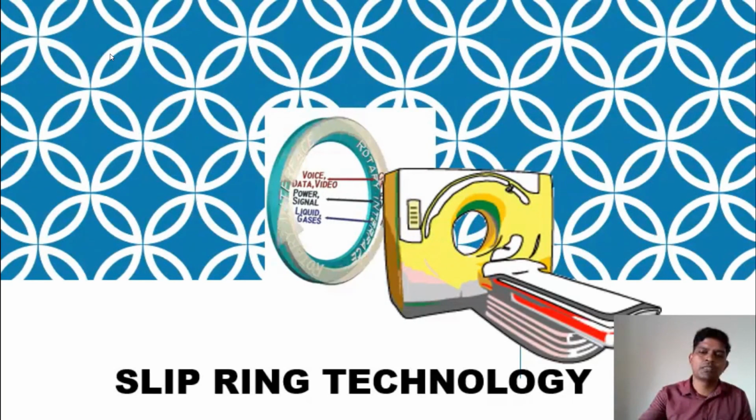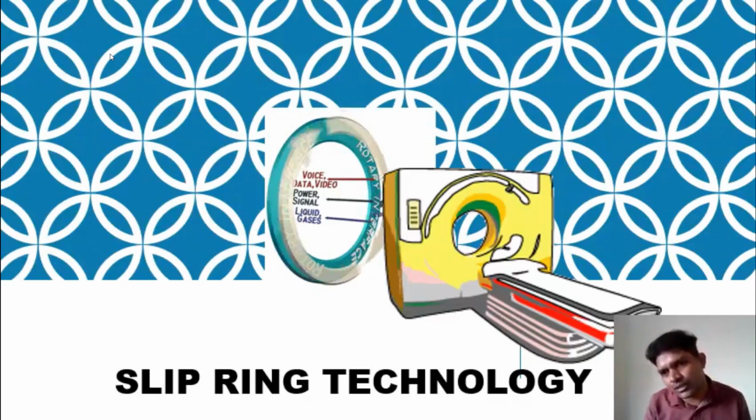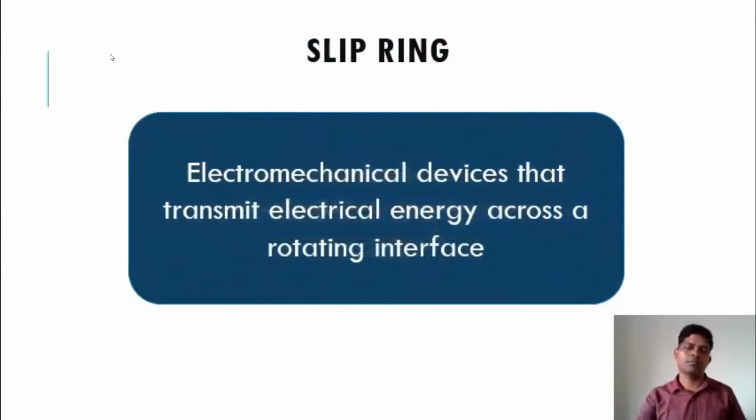Next we come to slip ring technology. I already told you that slip ring technology came in the third generation of CT, and after that everything changed. So what is slip ring technology? It is an electromechanical device that transmits electrical energy across a rotating interface.